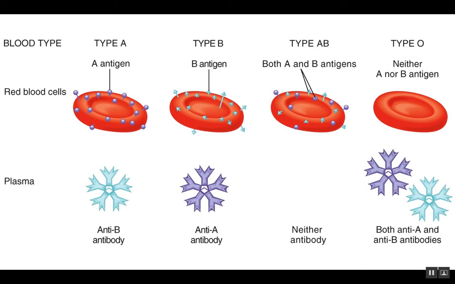But it doesn't have B. Therefore, B is foreign to people with type A blood. And since B is foreign, individuals with type A blood have the ability to make anti-B antibody. This antibody is used to attack and get rid of the B antigen.